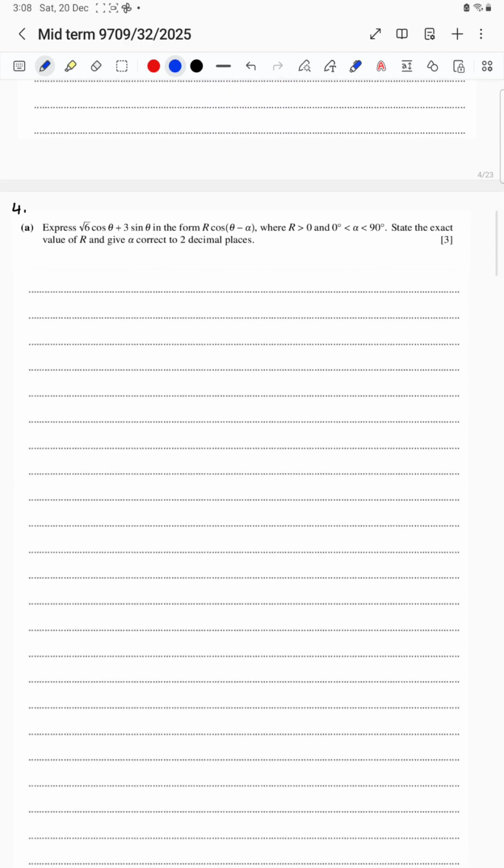Question number 4 says: express root 6 cos theta plus 3 sin theta in the form of r cos of theta minus alpha. Let me write it again.